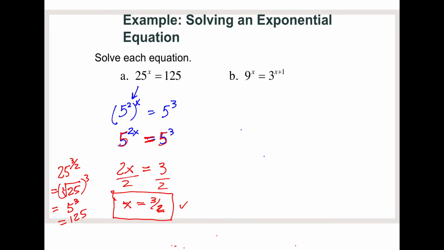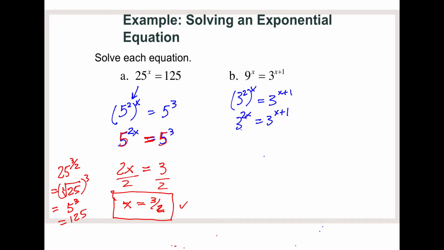Looking at the next one here, again, we see a common root there of 3. If I rewrite the left-hand side, that's 3 squared raised to the x power, and here we have 3 to the x plus 1, and any base with a power raised to a power, we can use the power rule. That's 3 to the 2x equal to 3 to the x plus 1.